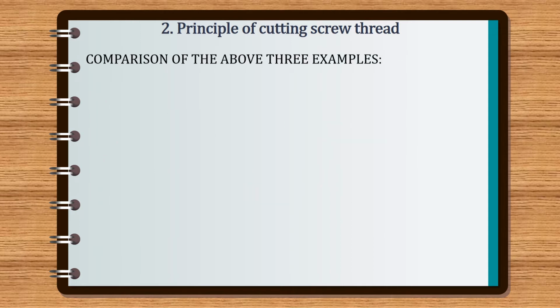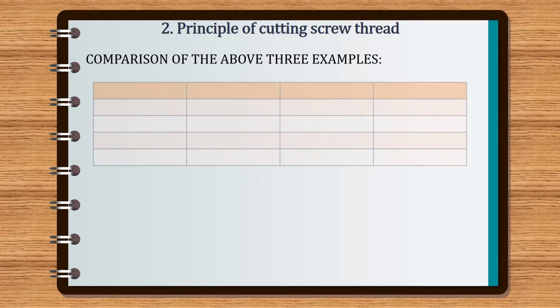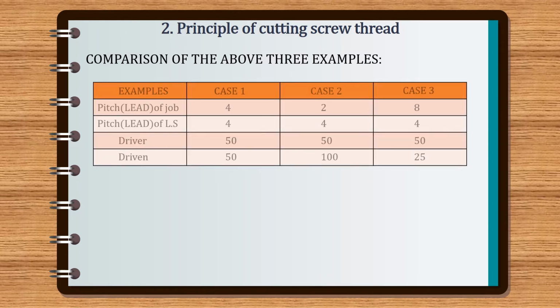Let's discuss the comparison of the above 3 examples. In case 1, pitch of job we need is 4 mm, and pitch of lead screw is 4 mm, so the driver wheel has 50 teeth, and the driven wheel also has 50 teeth.